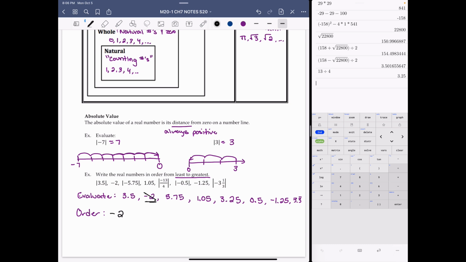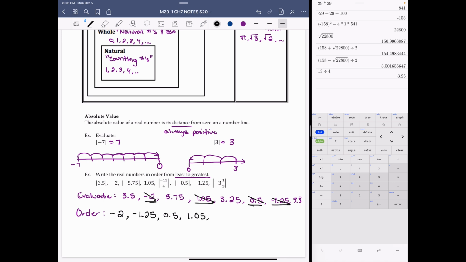We have negative 1.25. Now we have positives, so we want to look for the smallest positive number, which is 0.5. Next smallest positive is 1.05.